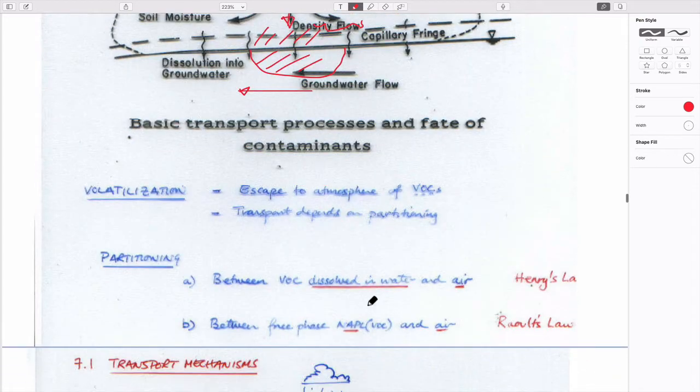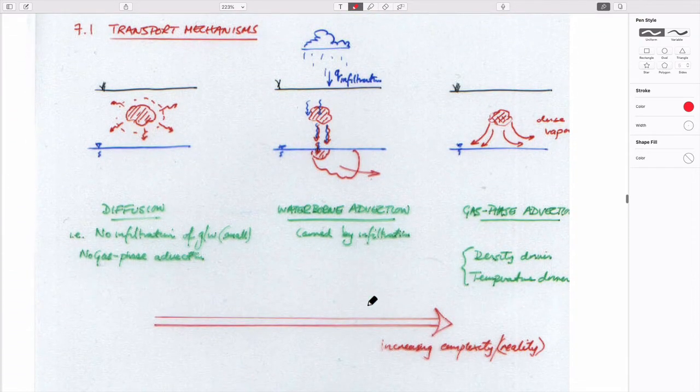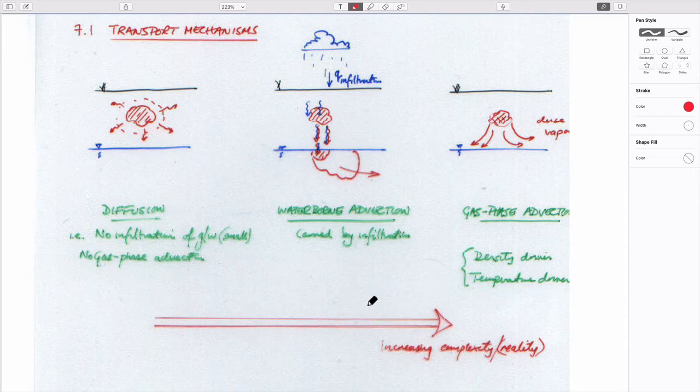And so we'll specifically look at two mechanisms by which that can occur. We'll look at the first two of these because they're increasing in complexity as you go from left to right. The easiest one for us to deal with is just straight diffusion. It finds its way into the subsurface, it sticks here by interfacial forces.